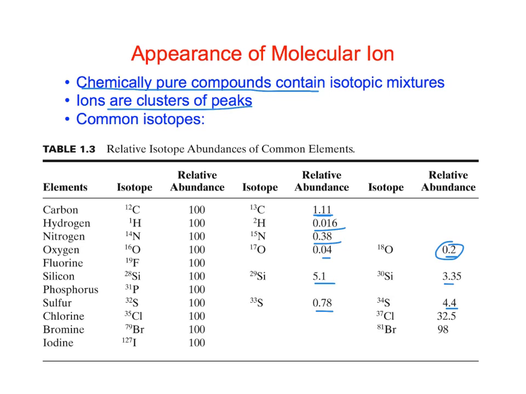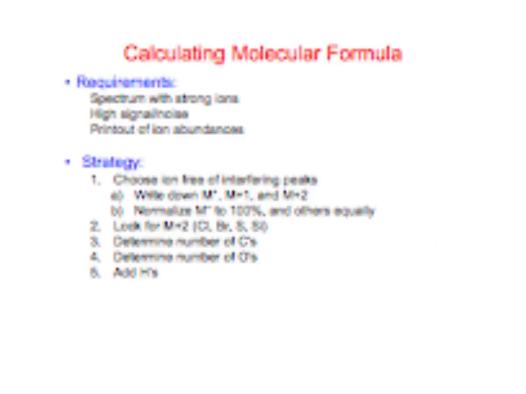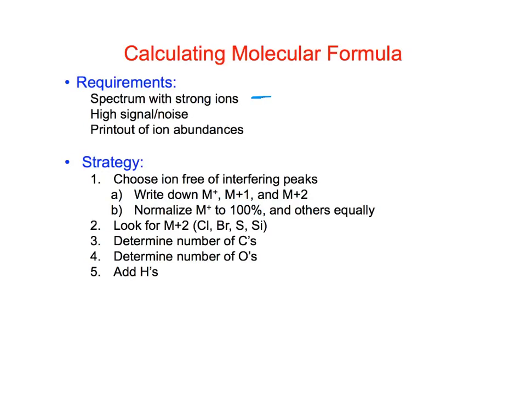So if your ions are very weak, then you would have too much noise, and that's going to impact the abundances. All right, so here's kind of the requirements. Like I said, they've got to be strong ions. We have to have a high signal to noise, and we need to have some type of printout of the ion abundances, right?